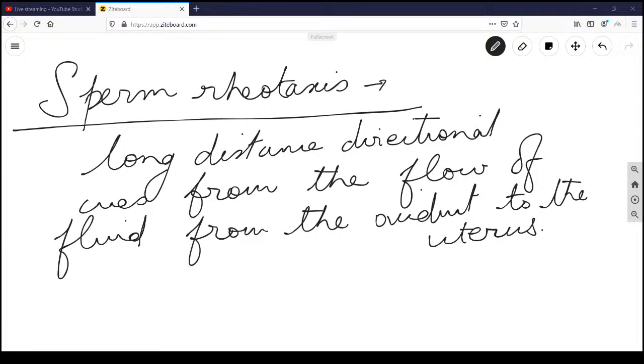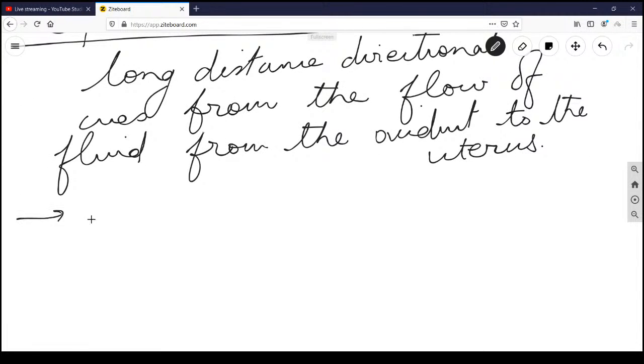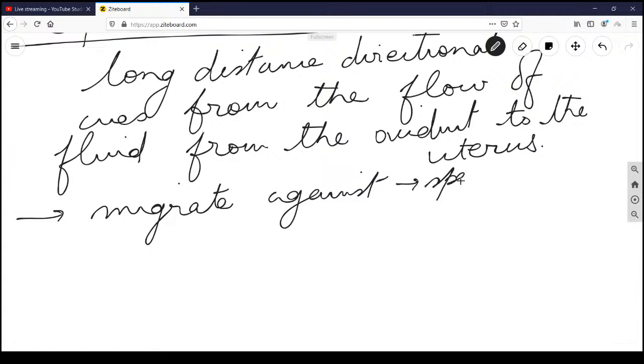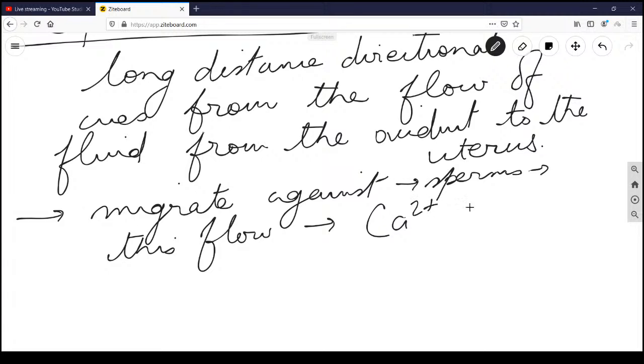The sperm display rheotaxis, which means they migrate against the direction of this flow, using their specific calcium channels. The sperms migrate against this flow by using calcium influx into the sperms.